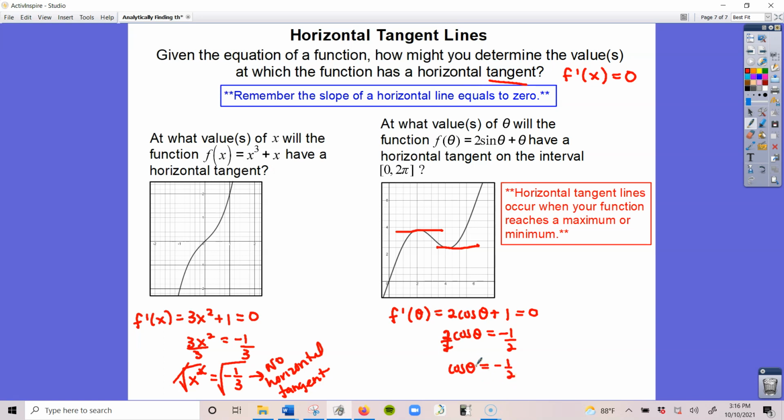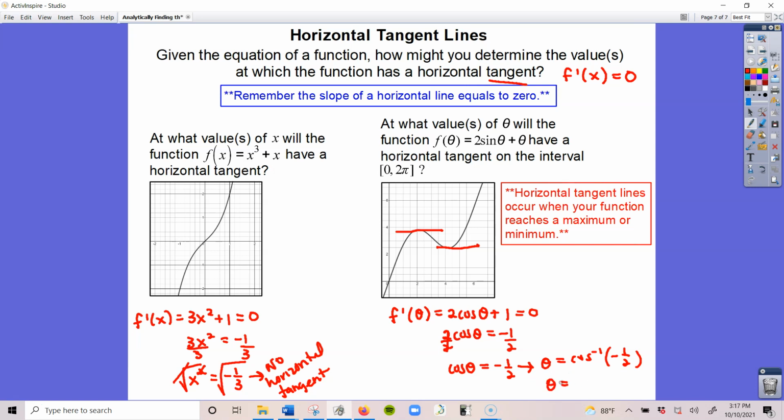Now to figure out what theta is equal to, theta is going to equal the inverse cosine of -1/2. And an inverse trig, if you remember, is when you're looking for the angle that would give you a cosine of -1/2, which you would use your unit circle for.